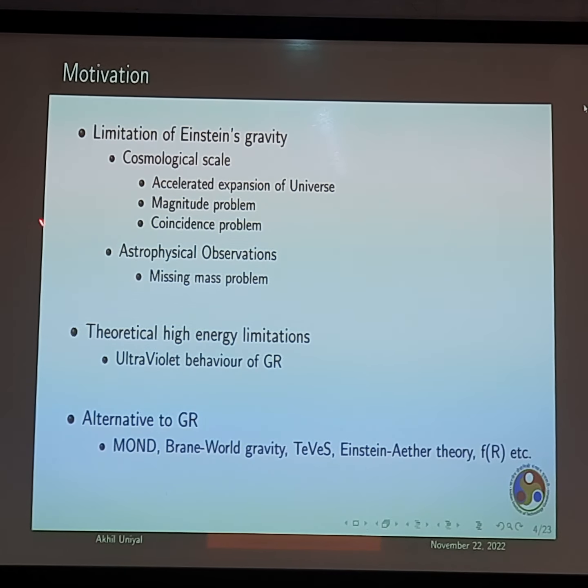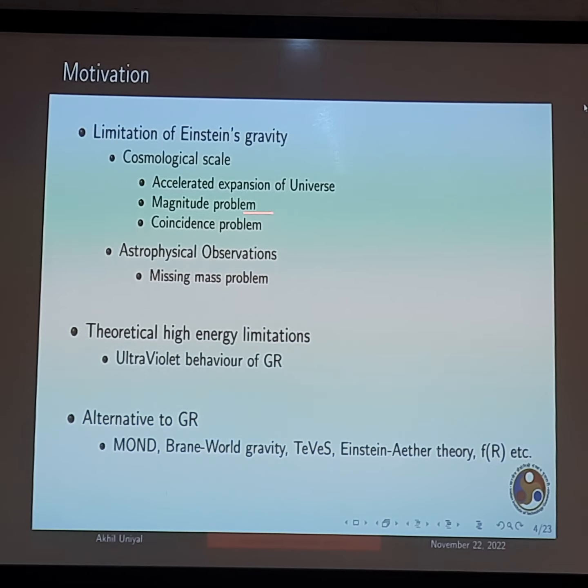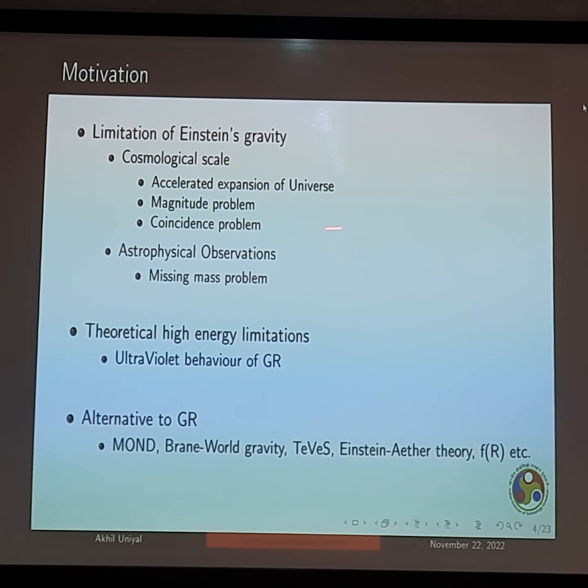But there is another problem: how will you explain the magnitude of the cosmological constant lambda, which is very high if you calculate the vacuum fluctuations in GR? Another problem is the coincidence of why the dark matter density and dark energy density are the same in the current epoch. It's very unlikely because they both evolve very differently.